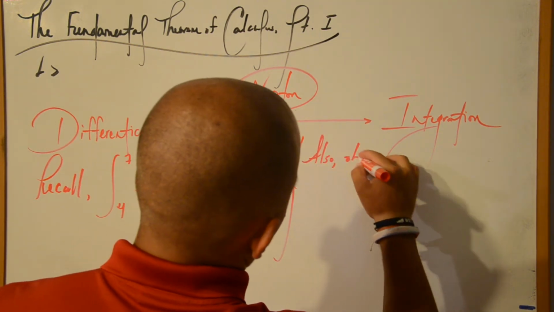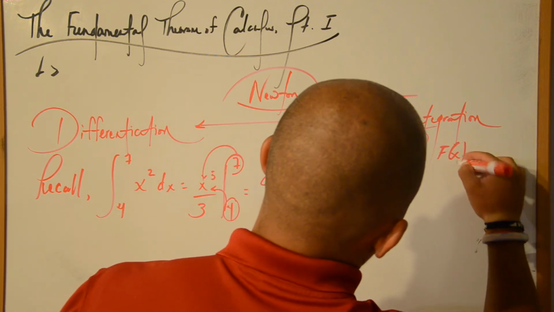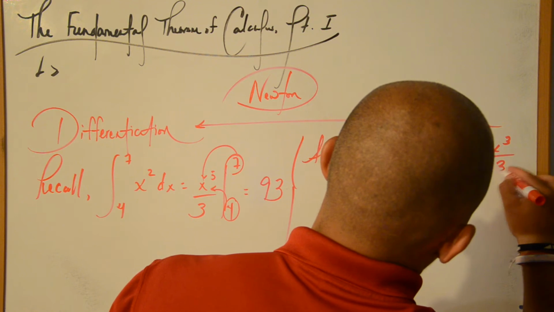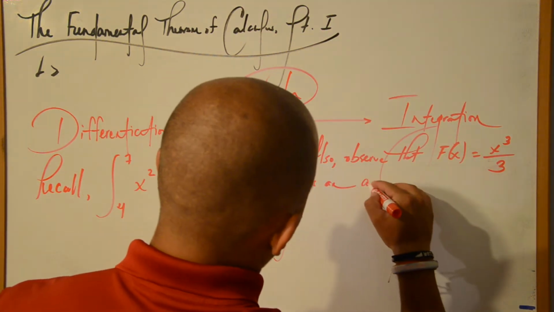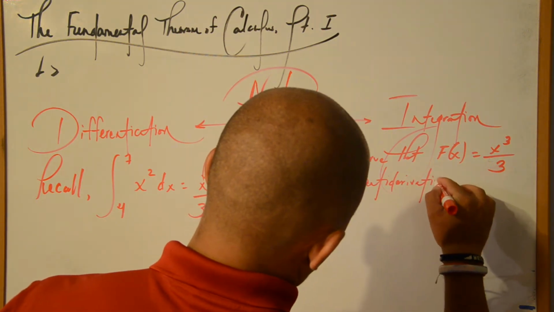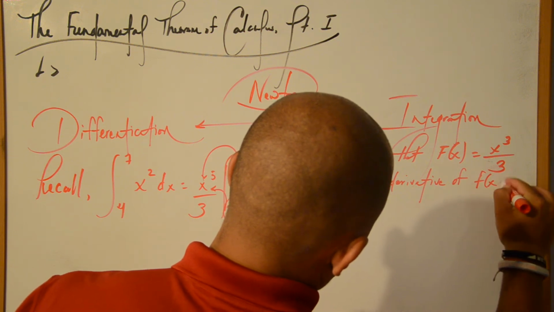also observe that capital F of x, x cubed divided by 3, is an antiderivative of the function.